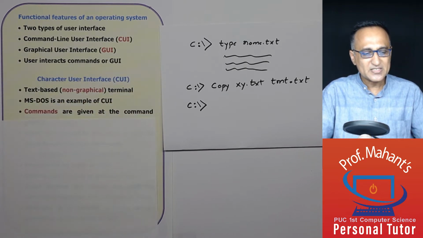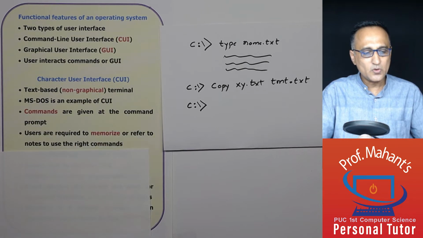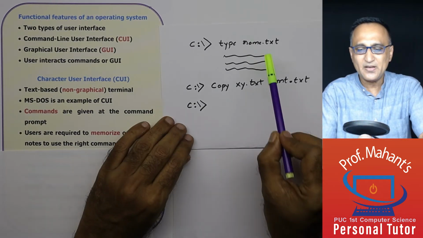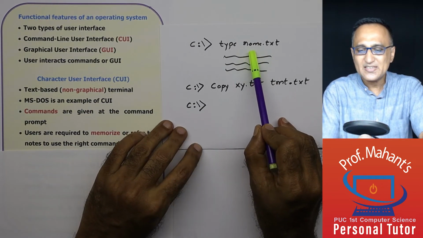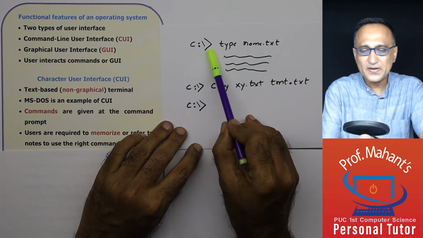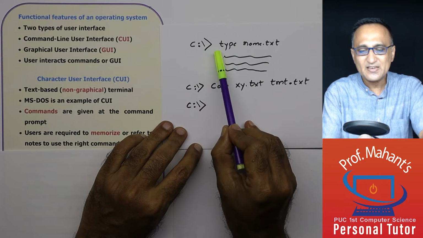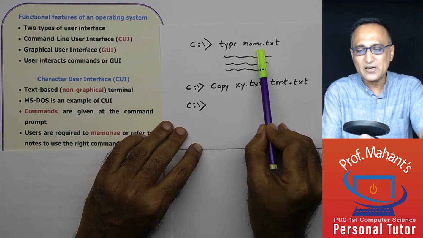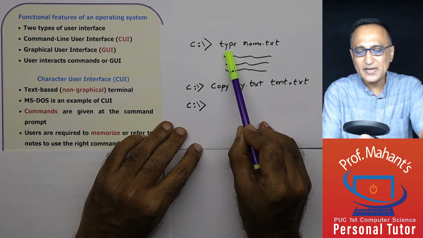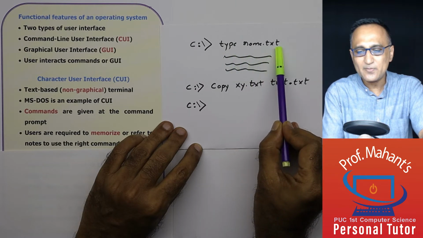Now let's try to understand the interactivity through commands. In a character user interface or a command based user interface, let us say I want to see what is there in this file. This particular item is known as the command prompt. That means at this place I can type the command. So here I am typing type space name.txt.